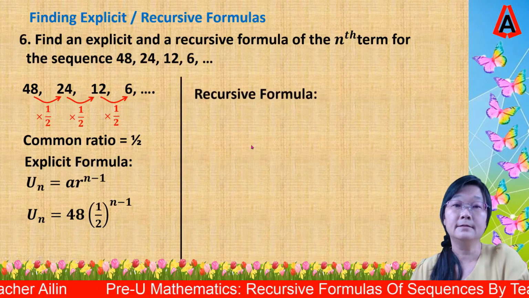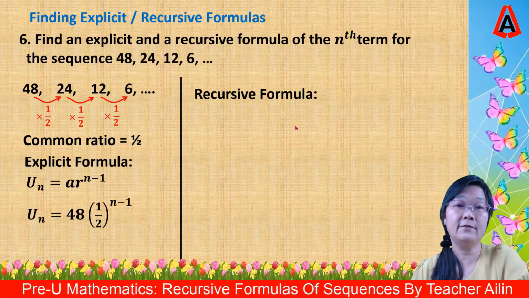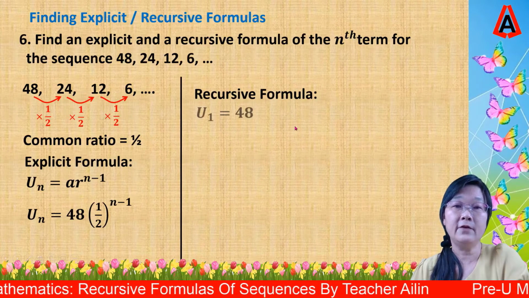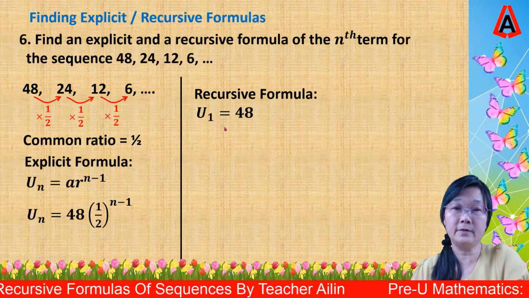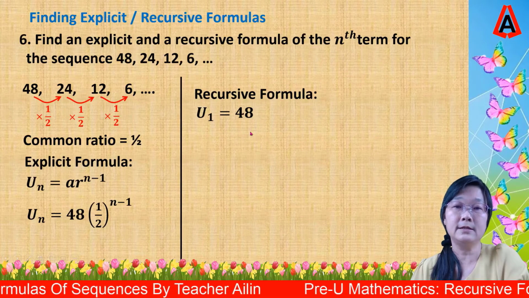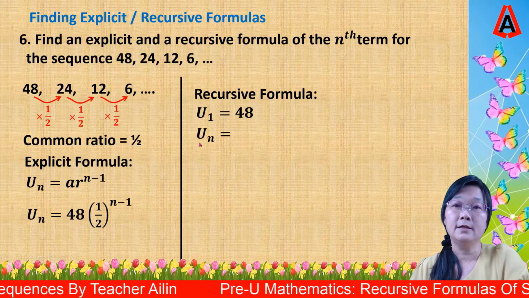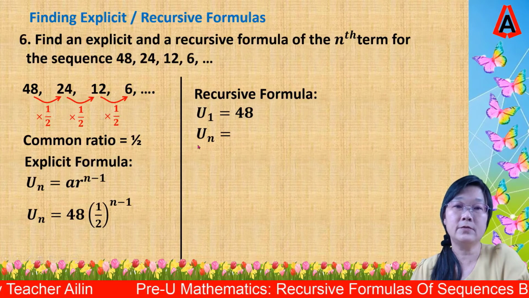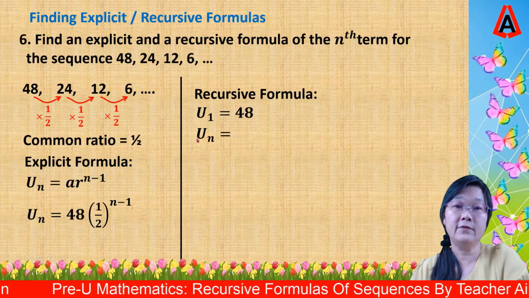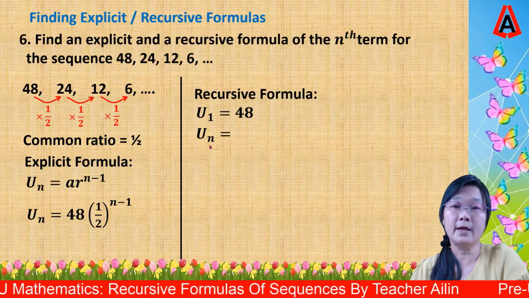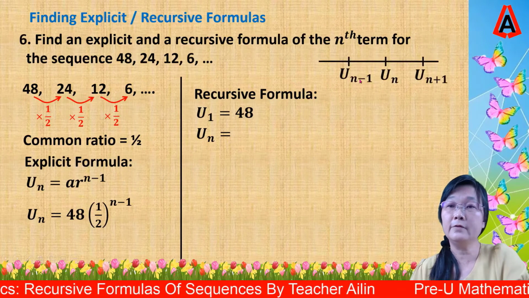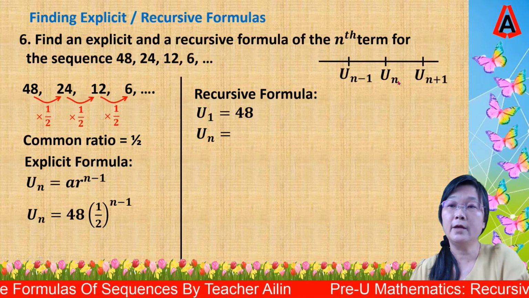Then next, for the recursive formula, we always start from the first term, U1 is 48.